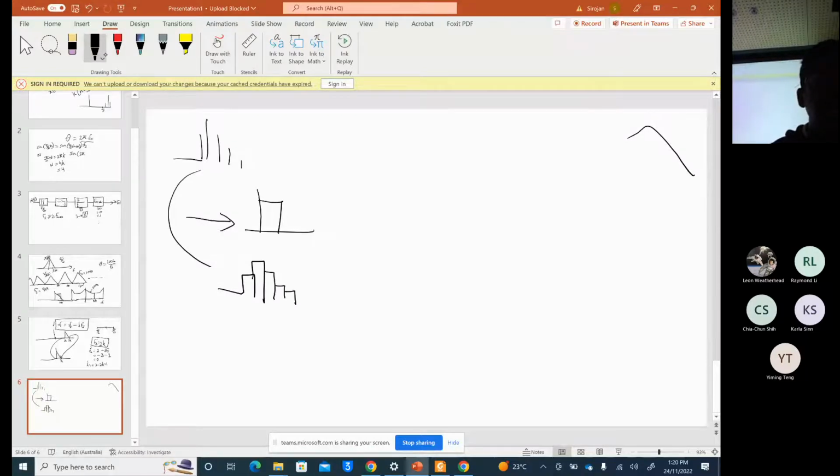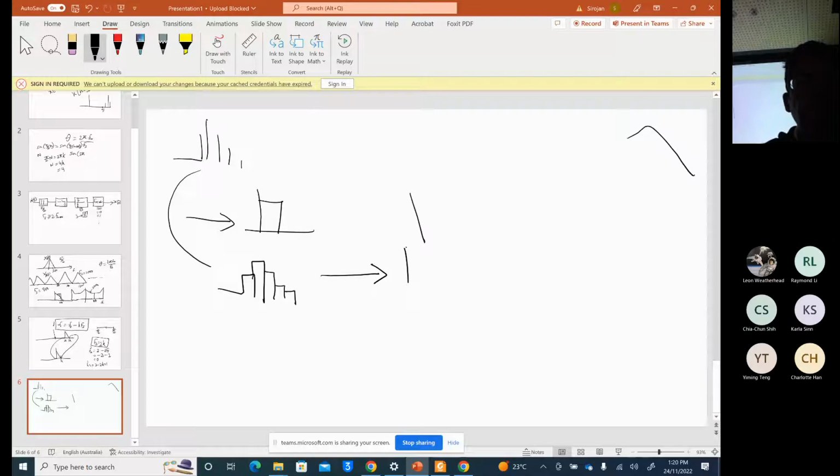Why? Because these two are convolved. Convolution, you know, you flip this one and then move along this one. So when you flip it and move it, it traces this value to this one. So this is actually the converted signal. Then you have to pass it through a low pass filter, the reconstruction filter.